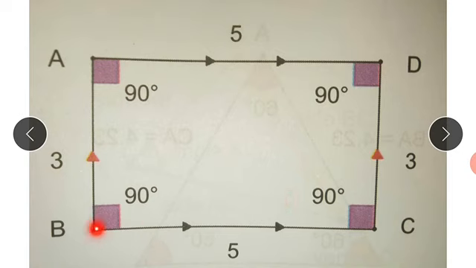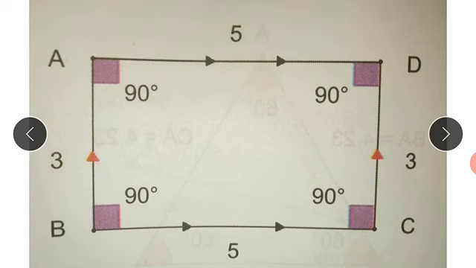So BC and AD are parallel, and at the same time they are equal in length. AB and DC are parallel, and at the same time they are equal in length. So that is a rectangle.